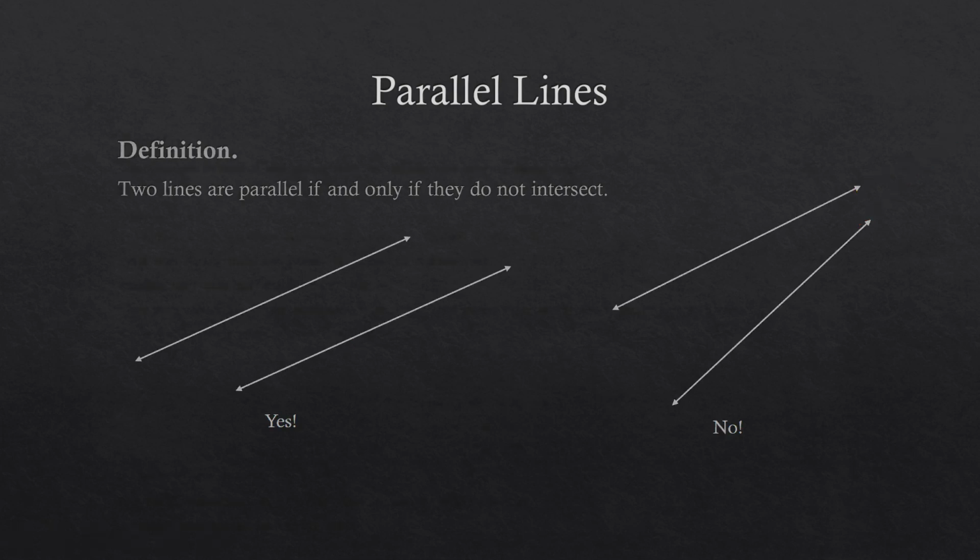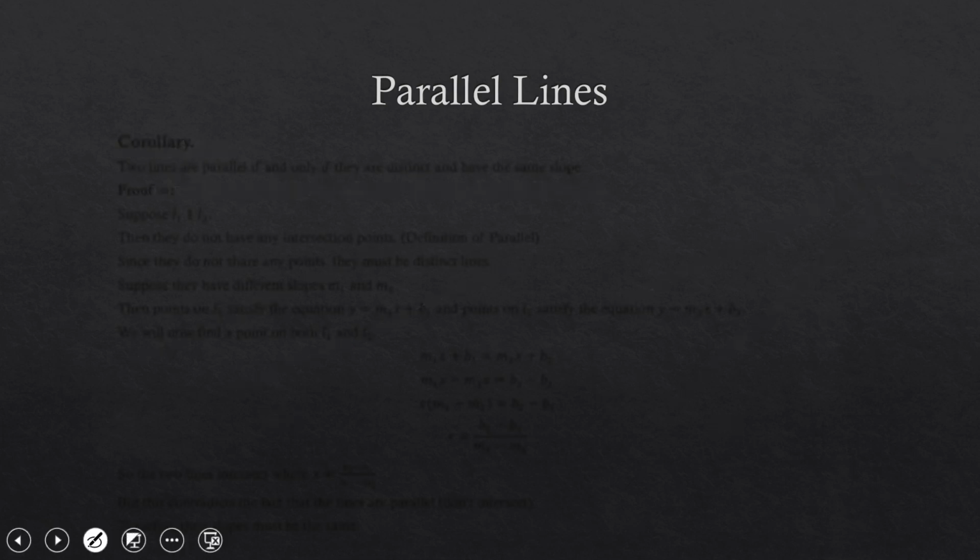Okay. All right. So how do we prove that parallel lines have the same slope? Here's our little corollary, which means it follows pretty simply from the definition of parallel, meaning they don't intersect. It says two lines are parallel if and only if they are distinct and have the same slope.